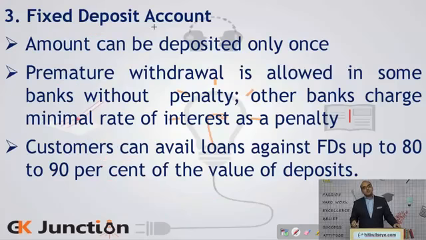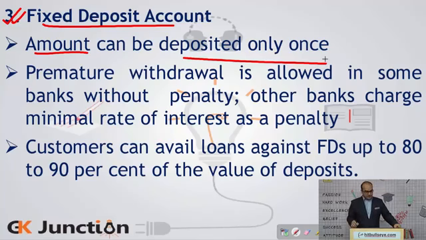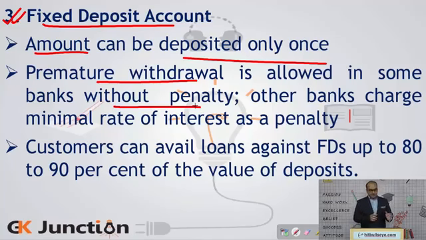Next type of account is a very famous one, of course, the fixed deposit or FD account. The amount in this particular type of account can be deposited only once. Premature withdrawal is allowed in some banks without penalty. However, certain other banks charge a penalty for premature withdrawal of an FD.